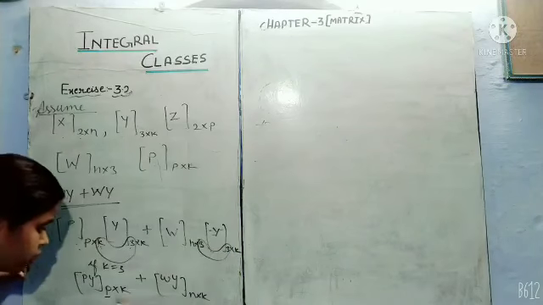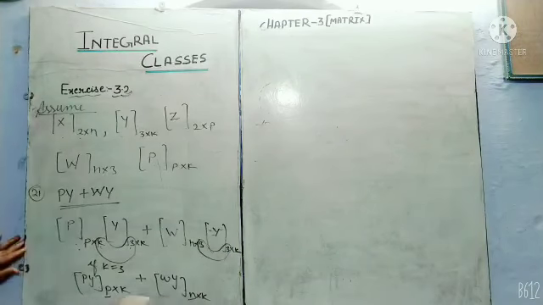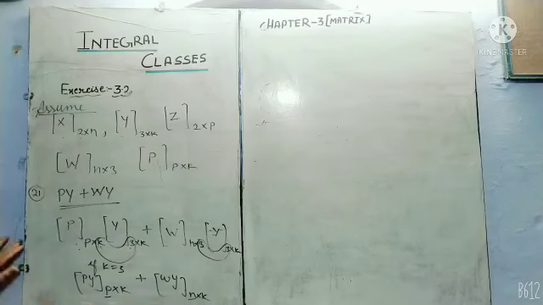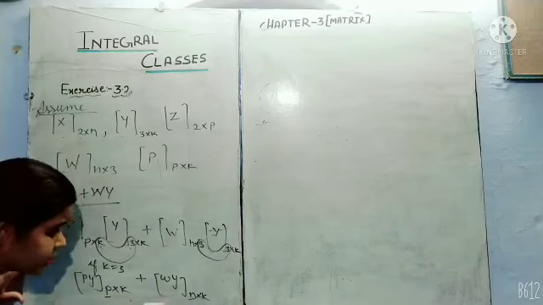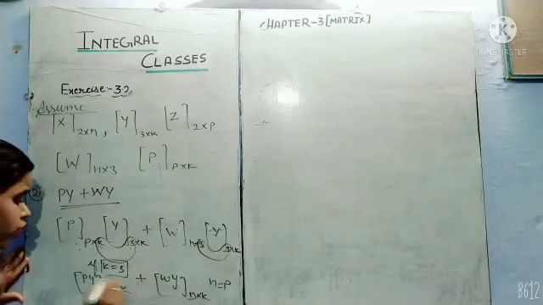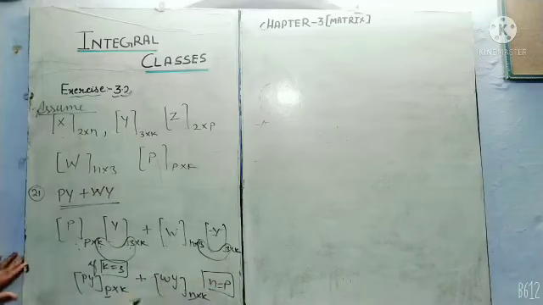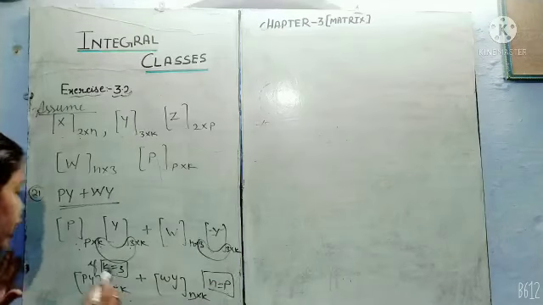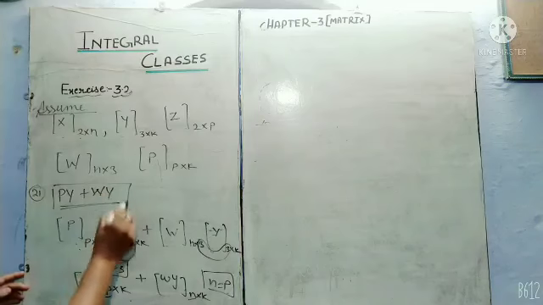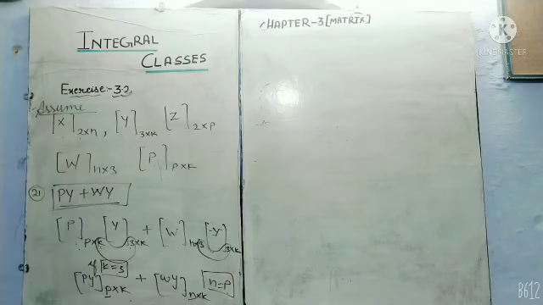So as we observe, when these two matrices have the same order, we will add them. So what other condition is there? n equal to p. So these two conditions are followed here. If n equal to p and k equal to 3, then we will solve this equation. So option A is correct here.